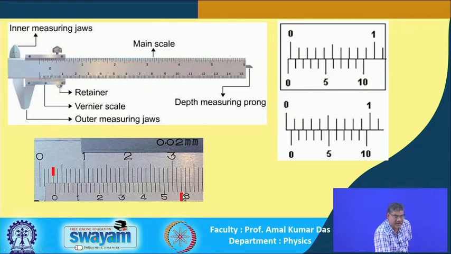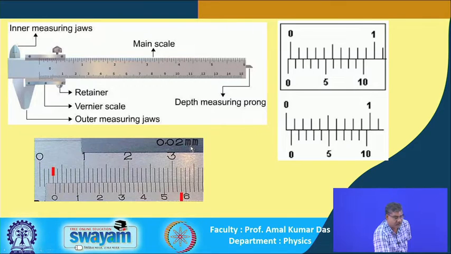So, the vernier reading is 29, and the vernier constant in this case is 0.02 millimeter, meaning 0.002 centimeter. So, the vernier scale reading will be 29 into the vernier constant, which is 0.058.